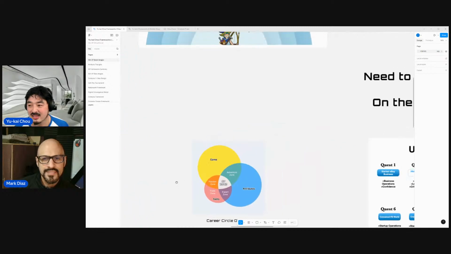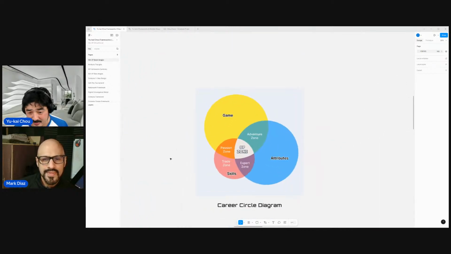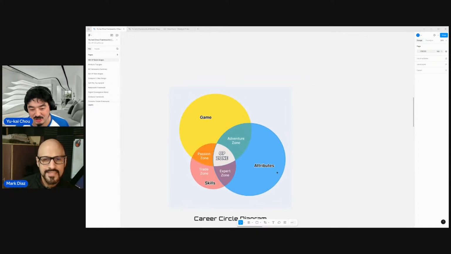One of the things that I think is very important and relevant is where you play. So we talked about, again, you have game, skills, and attributes. If you're doing something that you're passionate about and you've learned some skills, where you go to school for it, but you're not actually the most talented, your attributes are not there.